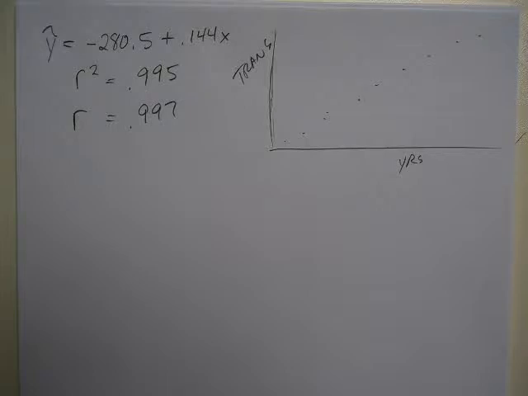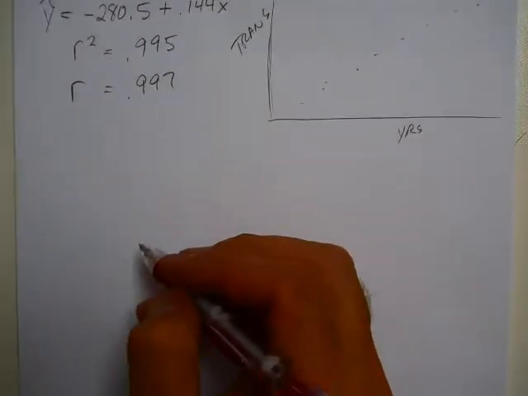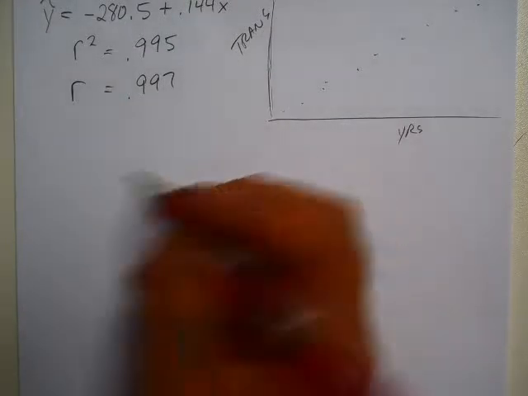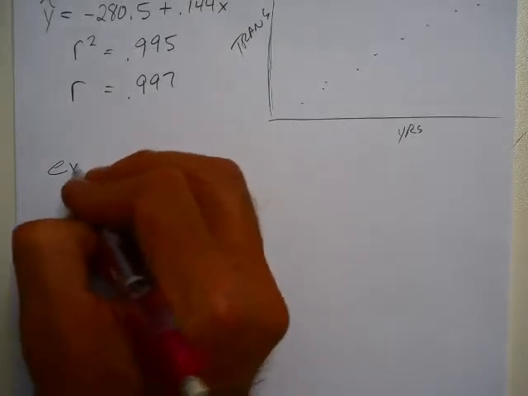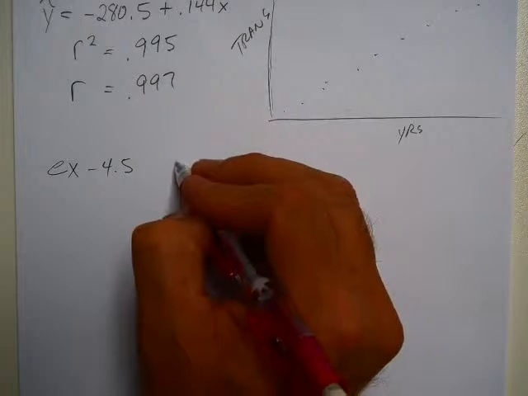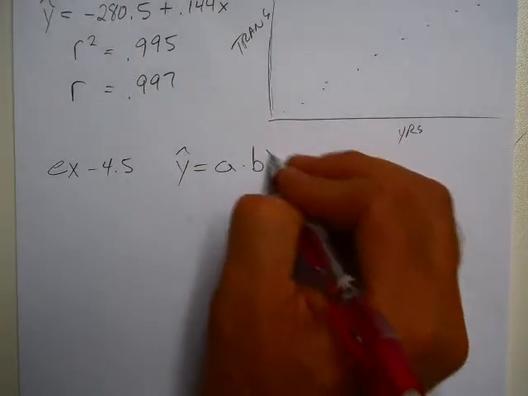Okay, so there is also something called a power law model. Let's take quick notes on that. Actually, before we do that, in example 4.5 that we just did, we have y hat equals a times b to the x.